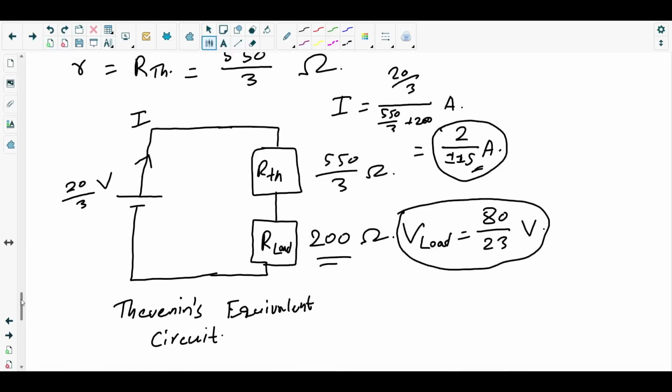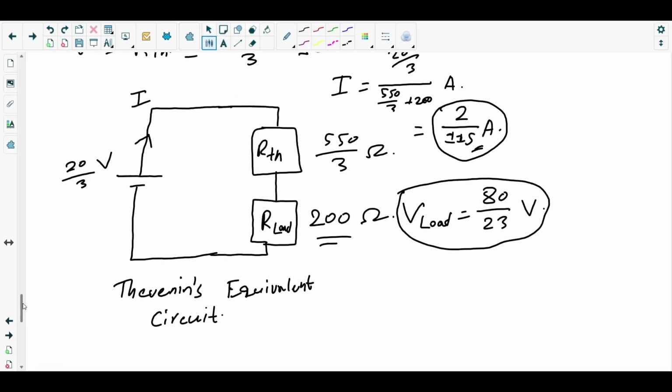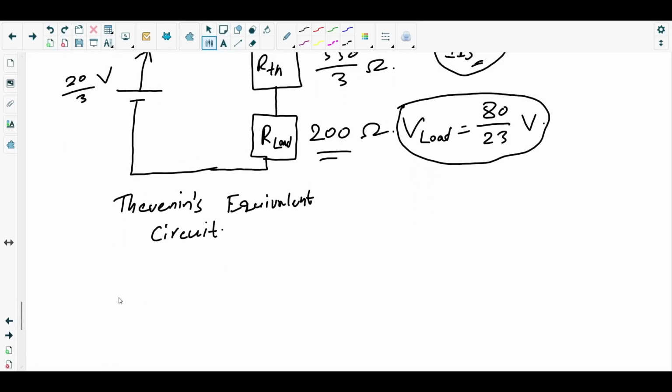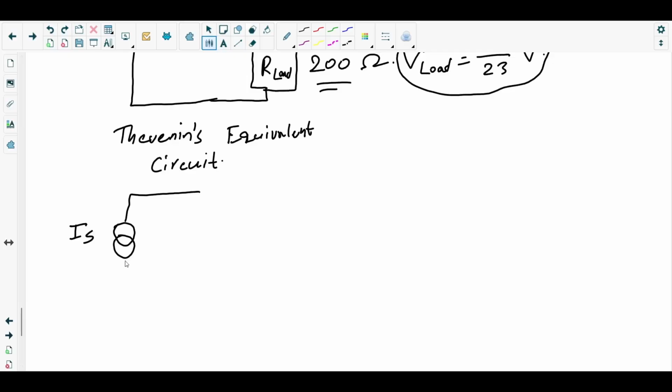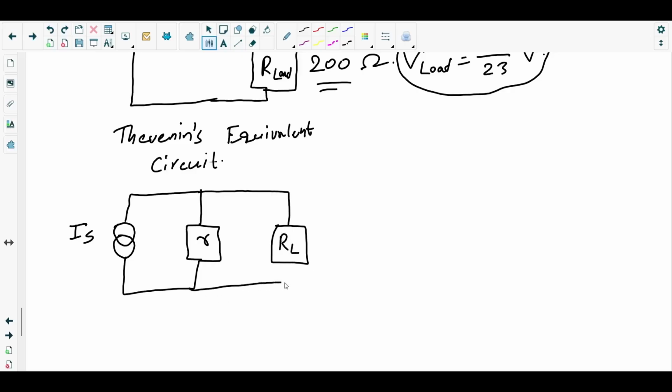Now for the same circuit, the Norton's equivalent circuit diagram, if I draw it here, we will solve it just at the bottom. This will be Norton's source, which is IS. The resistor must be in parallel with the source, and the load resistor should also be parallel.